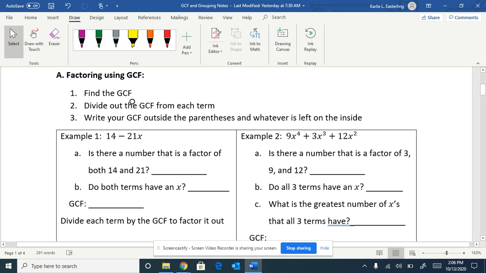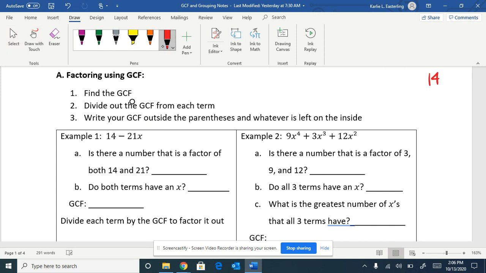Whenever we are finding our GCF, for example in example 1, we're looking at 14 and negative 21x. We are trying to find the biggest number that is a factor of both 14 and 21. Hopefully y'all remember from last week when we did factor trees.